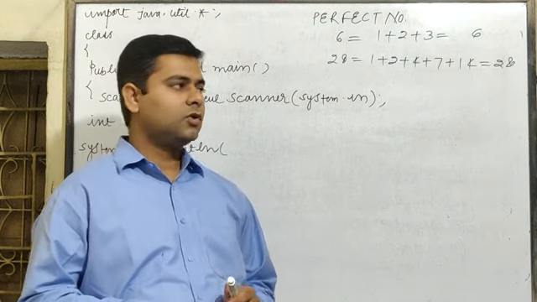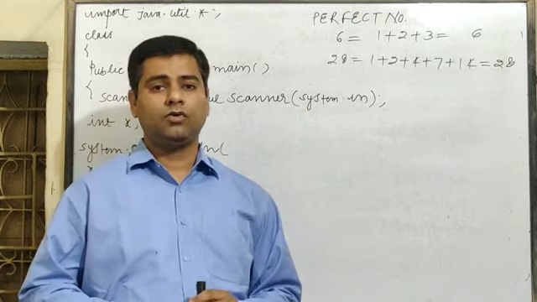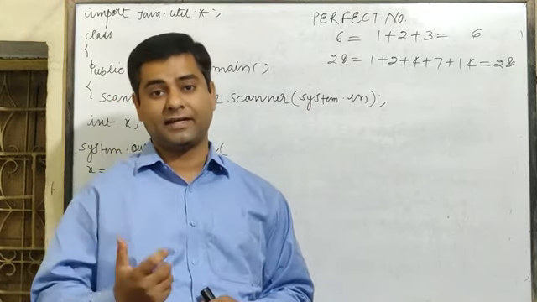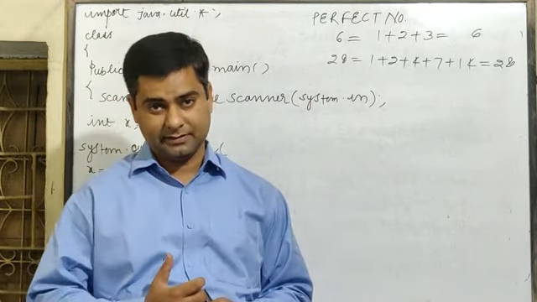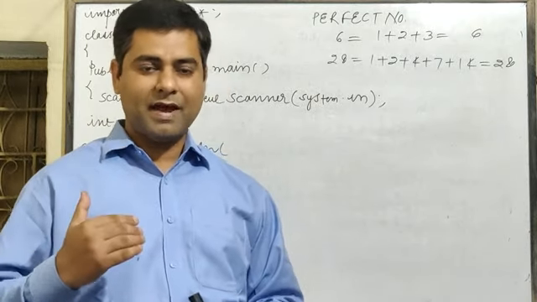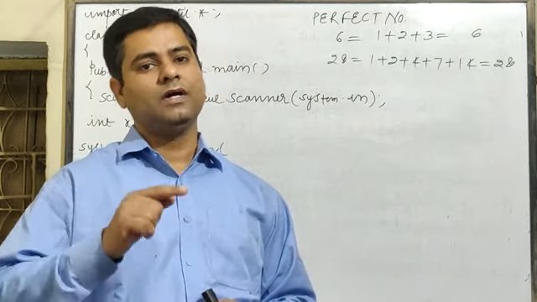So generally, to check a perfect number, we will have to find the sum of factors excluding itself. So to exclude the number, you can write it in two ways. First method, you can write the loop from I equals 1 to I less than x. Don't need to include x.